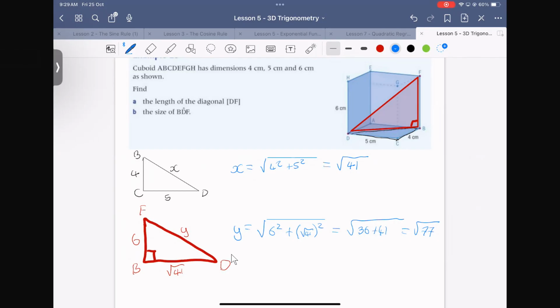Now it wants us to find the size of this angle, BDF. So BDF is this angle here. It's the one that we've got there in that triangle. This is the angle that we're after, BDF.